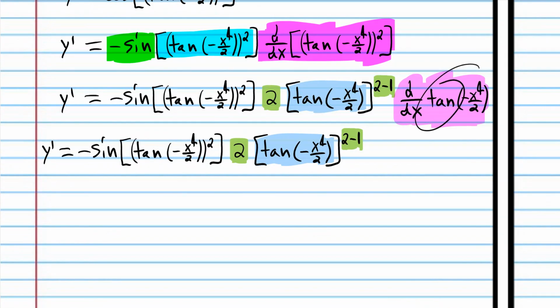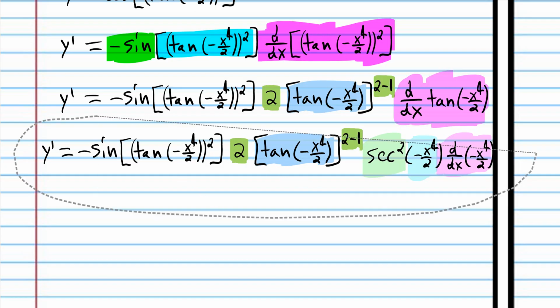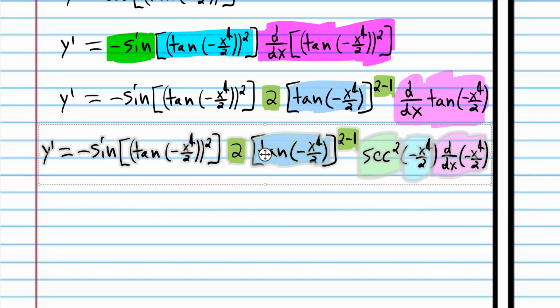So we're going to find the derivative of the outside function first, which is secant squared. We're going to keep the inside function. So derivative of the outside function, keep the inside function, and then last step, the third step, is to multiply by the derivative of the inside function. So again, we use the chain rule 3 times.